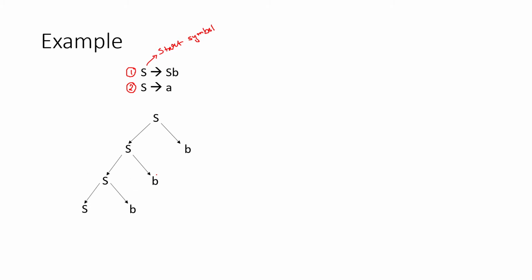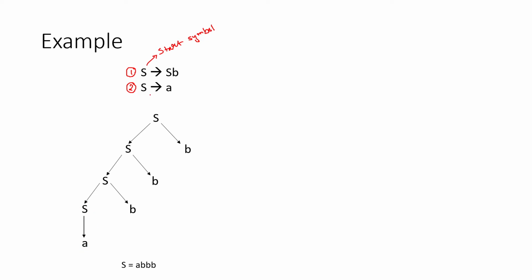Again using rule number 1, the expansion in this direction will be something like this. And then if I apply rule number 2, this S will be rewritten as only small a.